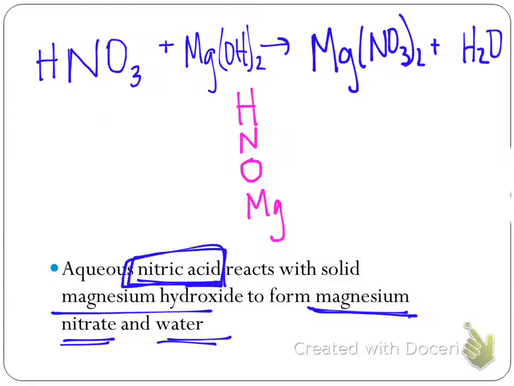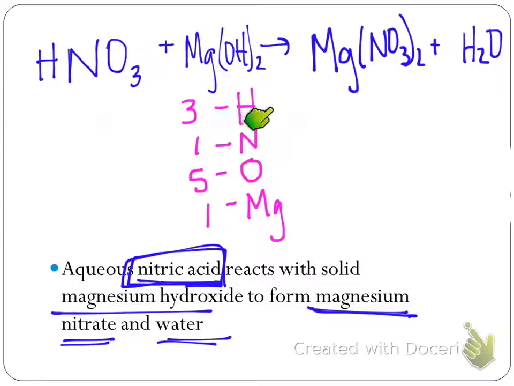How many hydrogens total do I have on the left side, the reactant side? 3, right? 1 here and then 2 here. So I have 3 on the left. How many nitrogens? 1. How many oxygens? I have 3 right here in nitric acid, plus 2 more, which gives me 5 total. And magnesiums, how many do I have? 1.